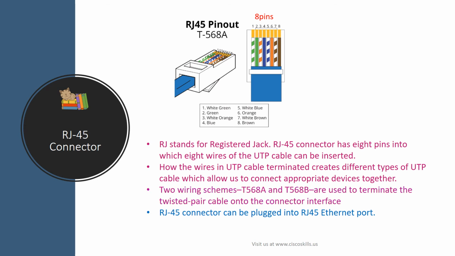Two wiring schemes, T568A and T568B, are used to terminate the twisted pair cable onto the connector interface. The RJ45 connector can be plugged into an RJ45 Ethernet port.